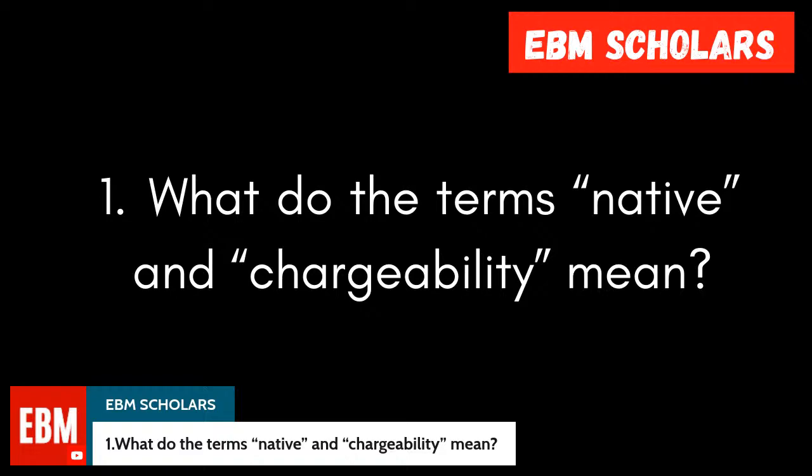So native ordinarily means someone born in a particular country, regardless of the individual's current immigration status or current citizenship. But the term native can also be used to charge someone or to attach someone to a particular application or eligibility to apply for the diversity visa lottery.